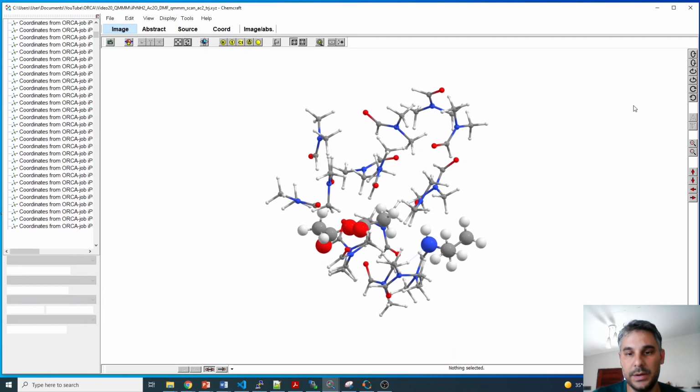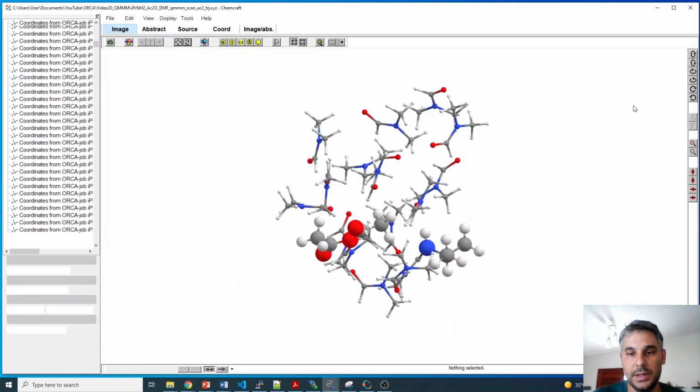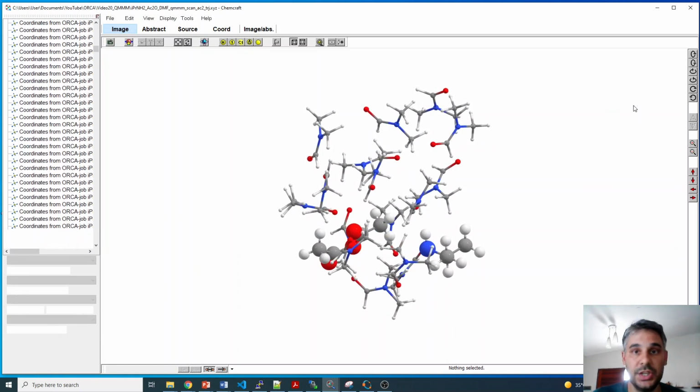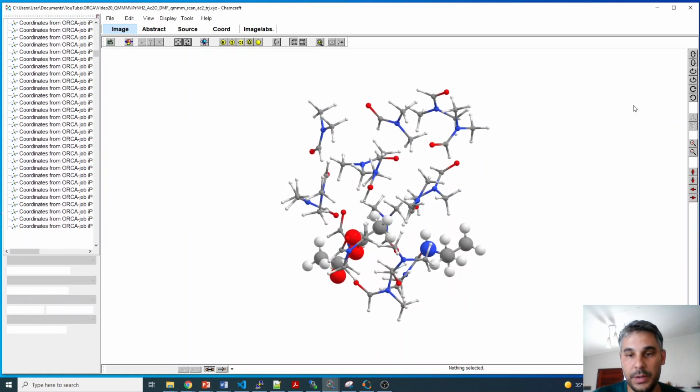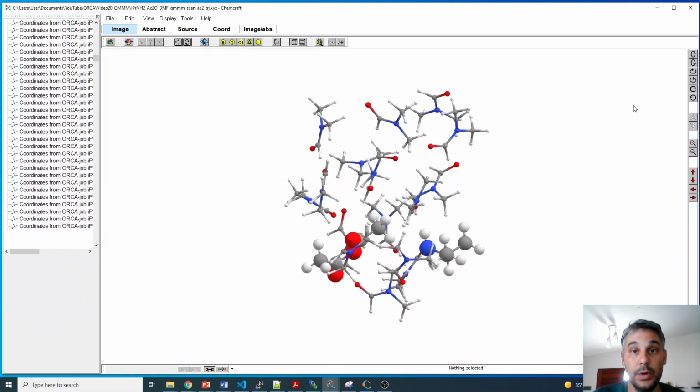We can see here that the amine is approaching, then it is accommodating, the solvent is changing its orientation, and then eventually a bond will form.